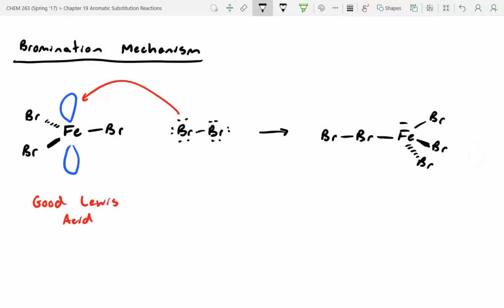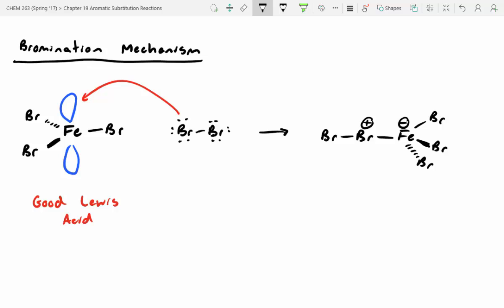Your iron now has a formal negative charge. The internal bromine has a positive charge. What's the geometry of your iron now? Tetrahedral, right? We look at our central atom, iron. It's got 4 electronic groups around it. It's tetrahedral.